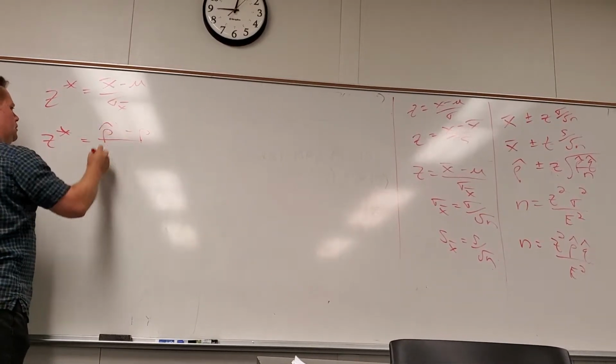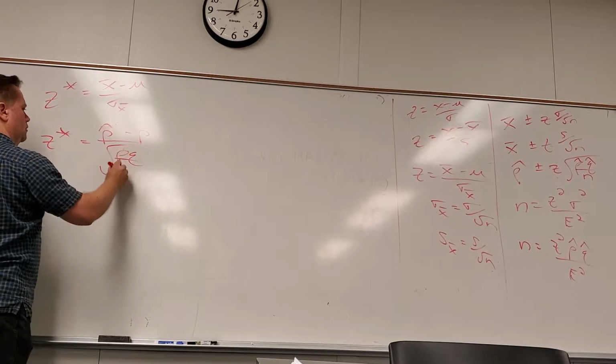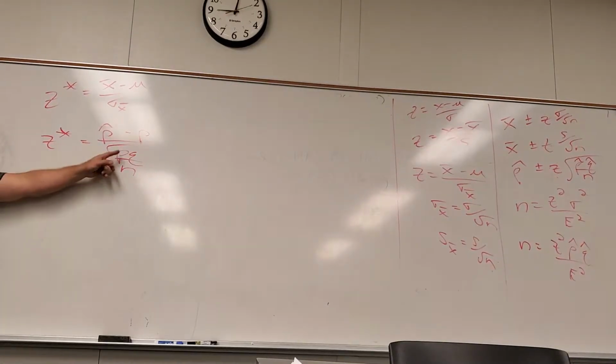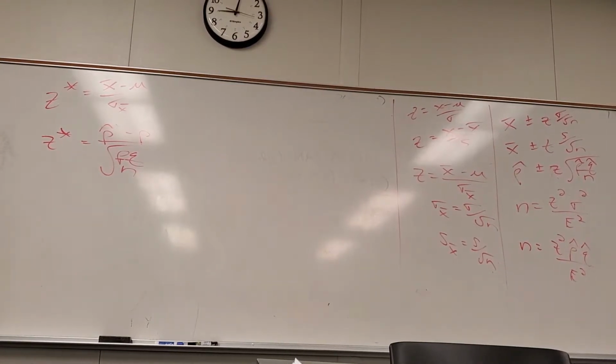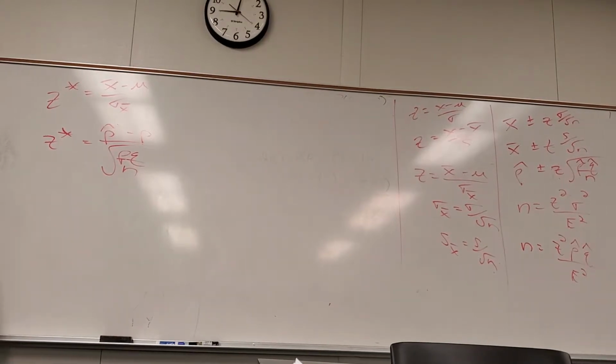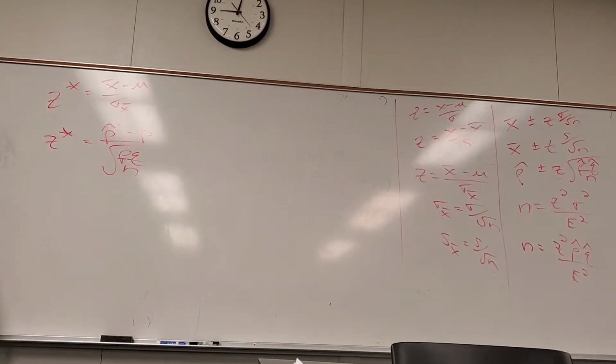P hat minus p. Notice how these are not added. Let's see. You got the one from section 10.2. If you did that extra credit, you can write that down in your formula sheet.